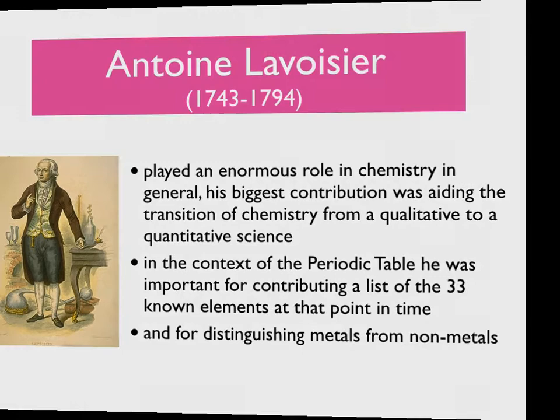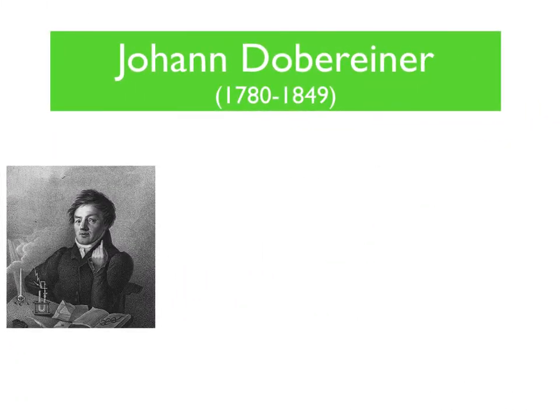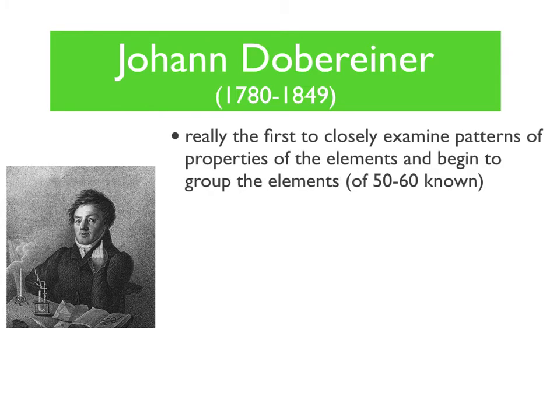Going a little further down the line, we encounter Johann Dobereiner, who was a German chemist, and during his lifetime there were about 50 or 60 known elements. He too began to approach those elements and try to see if there was a relatedness in their properties.